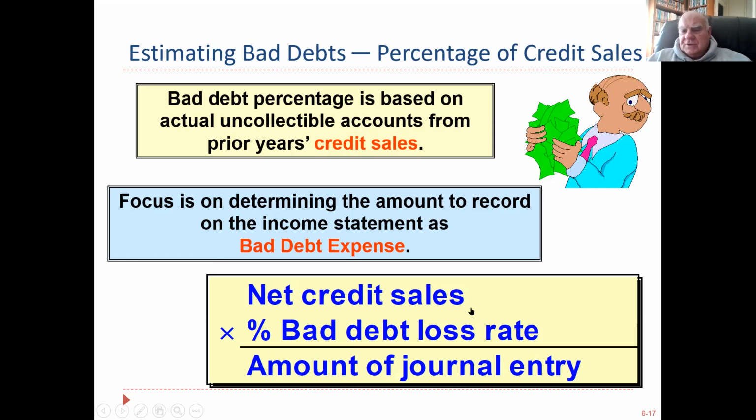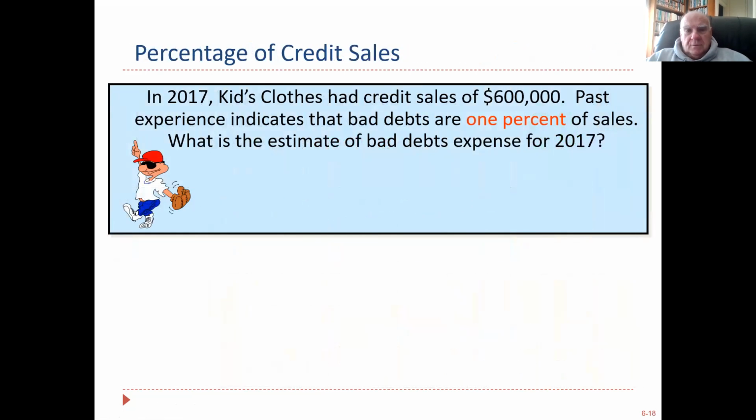And that percentage is what the company thinks is their best guess. It's based on their history. We think of that $1.6 million, 1% is not going to be collected. So let's see what they did here, okay? You take the net credit sales times your percentage. That's all you do.